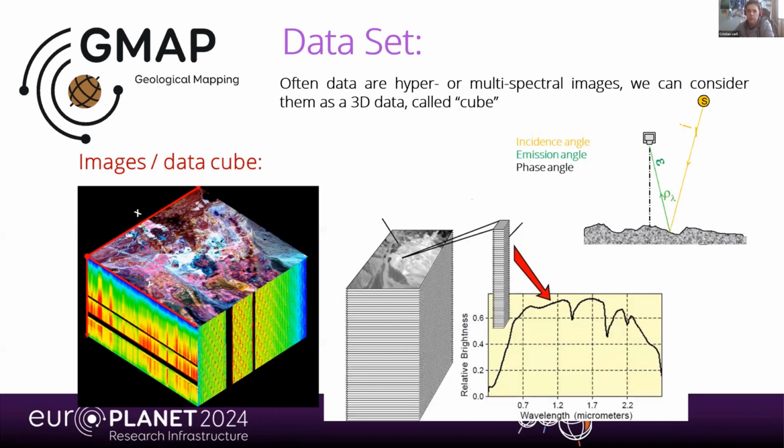If it's a multispectral sensor, generally it's due to different filters present in our sensor. Whereas when it's a hyperspectral dataset, generally we have a grating that is dispersing the light, and so permits us to have this kind of information with a higher level of detail.